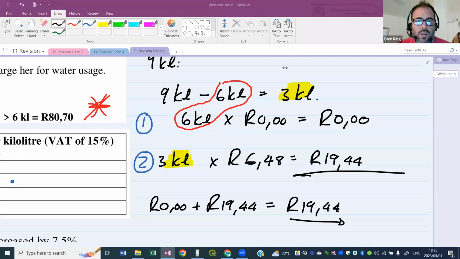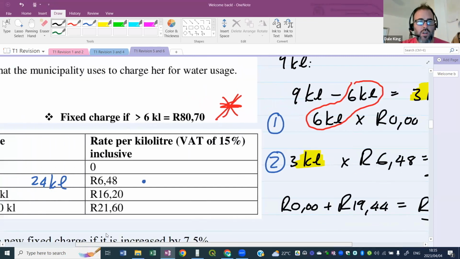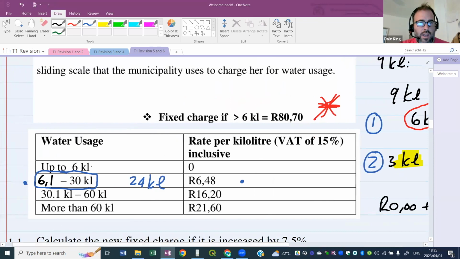There we go. Oh, is that the question? Where did you get 0 from? Okay, Sina, is that your question? Where did I get the 0 rands from? Yes. Okay, let's go back to the table and I'll show you. Look at the table here, this first row over here.